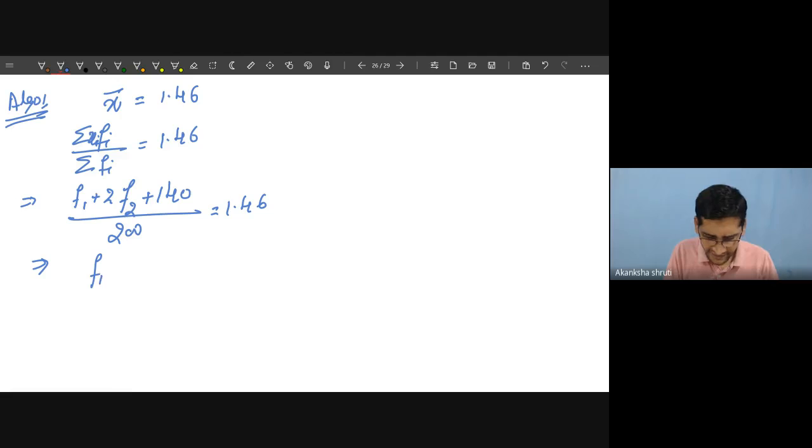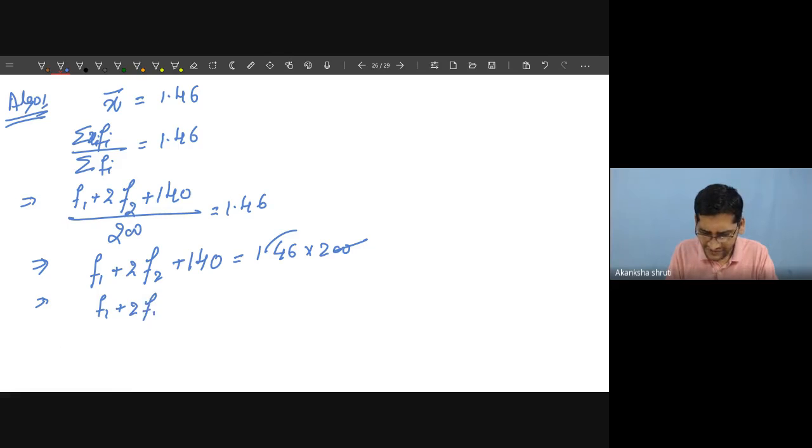Here we can write F1 plus twice of F2 plus 140 is equal to 1.46 into 200. So the decimal can be removed. So F1 plus twice of F2 will be equal to 146 multiplied by 2, so multiply it, 292.